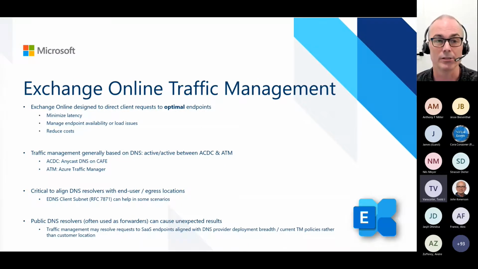We also want to manage load issues. There's certainly the possibility that we could be experiencing high load in a given data center location where we're handling these inbound requests, and that's bad for us and bad for you, right? High load potentially means increased latency, and so we're going to try and spread things out as much as possible. Obviously, the farther away we handle a request from the user, the higher the latency is, and we're potentially going to impact performance as a result.